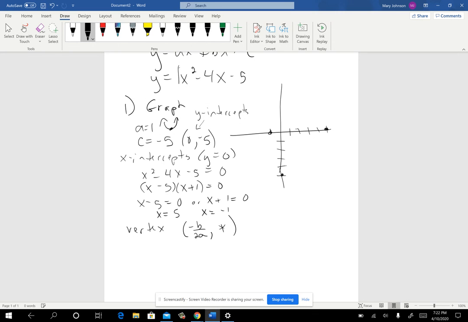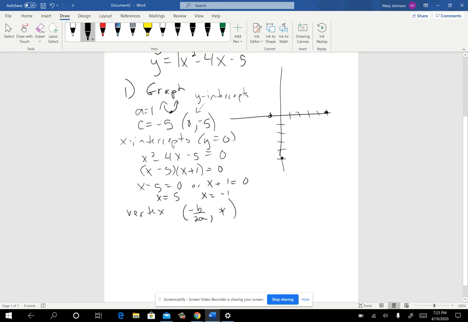Then once you find that, you plug in that number, and that tells you the y coordinate. b is -4, so you have the opposite of -4, a is +1, and so the x coordinate of your vertex is 2.